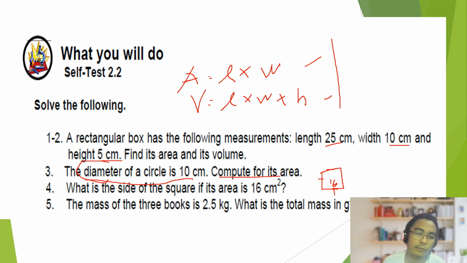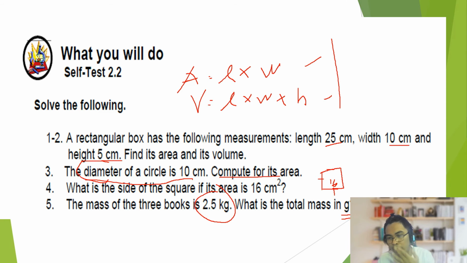Now, as for number 5, we have here the mass of 3 books, 2.5 kilograms. Now, what is the total mass in grams? Take note, what is asked here is the mass in grams. So, how do you do that? Of course, we need to apply the way we convert one unit to another unit.